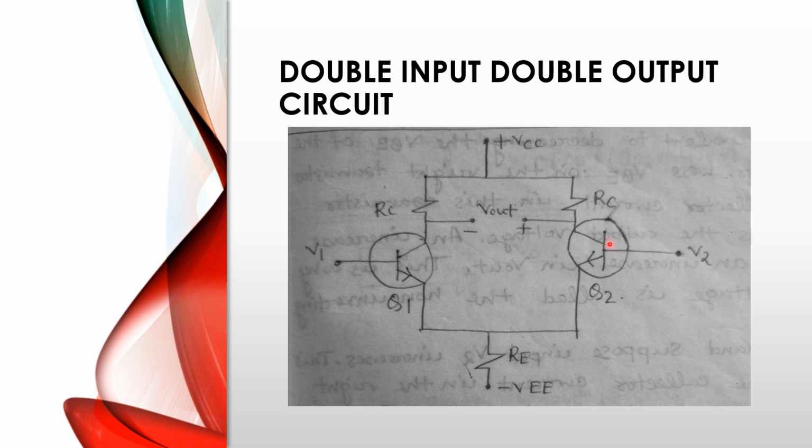This is the base terminal of the Q1 transistor. Here we apply one voltage, which is called V1. This is the base terminal of the Q2 transistor.